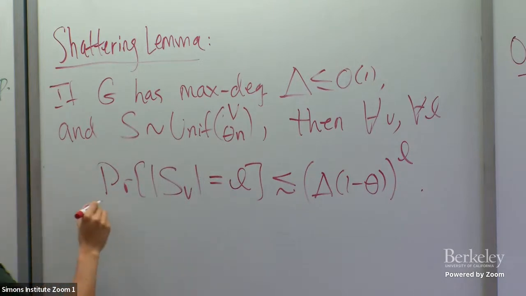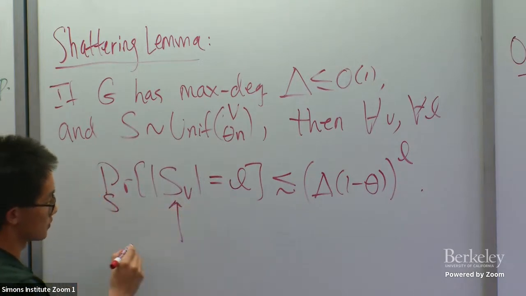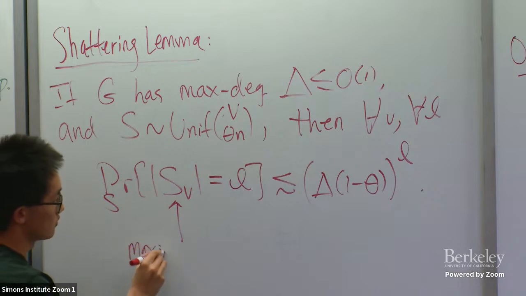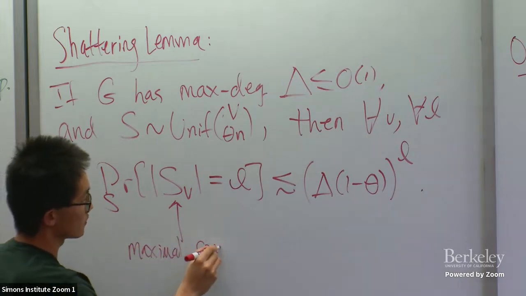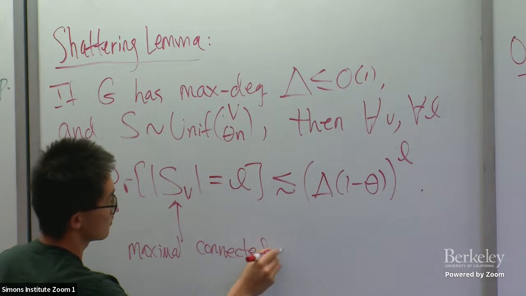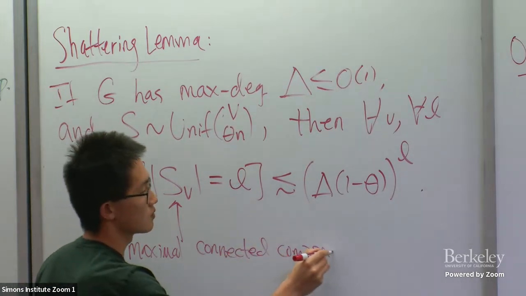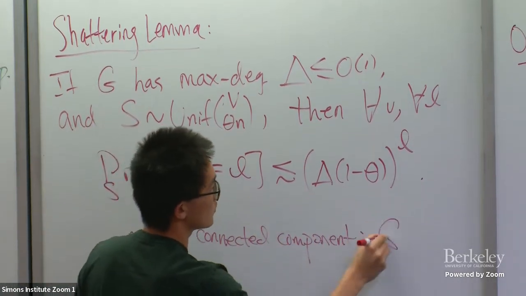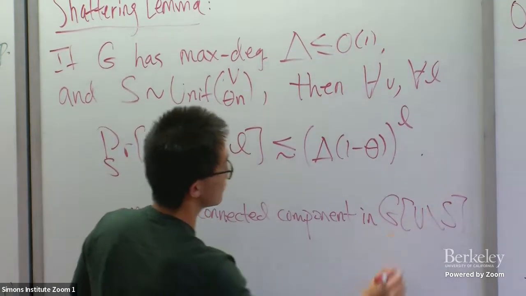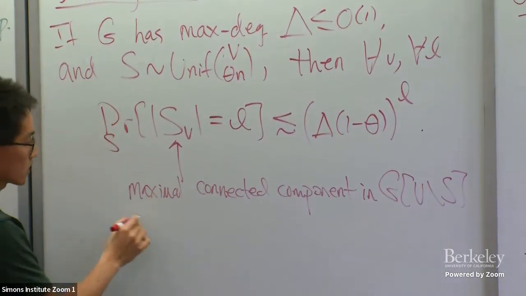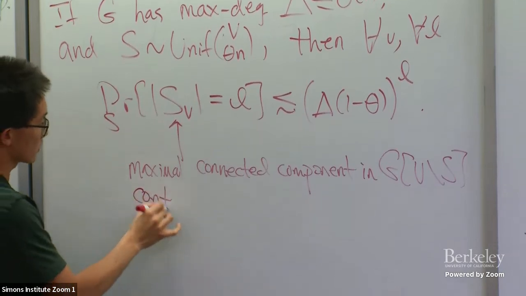And let me just say, this is the maximal connected component in the subgraph after deleting S.